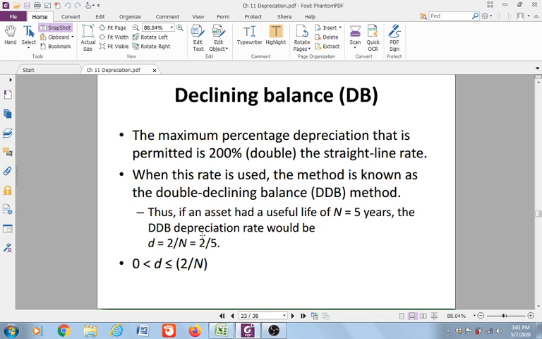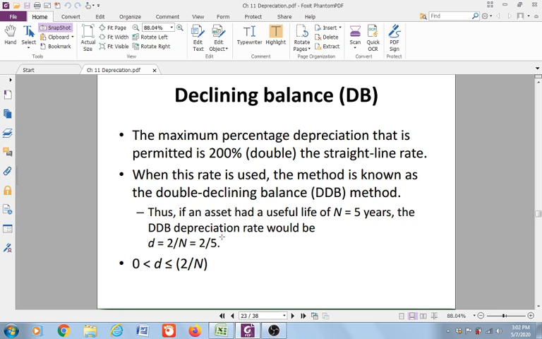That factor can be 200%. When it is 200%, we call it the DDB method, double declining balance. Double means 2, right? So 200% is 2, and we call it the double declining balance.